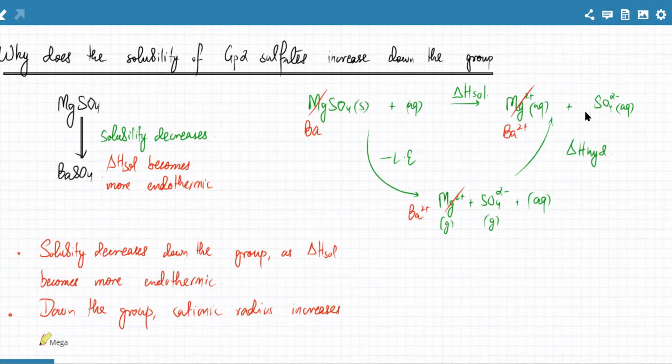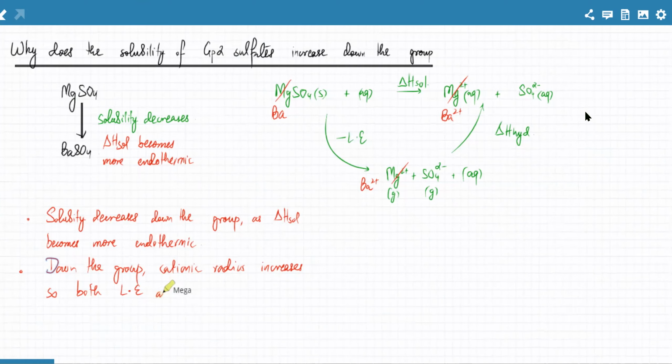So both lattice energy, because weaker bonds are being formed, so the lattice is going to be weaker. Barium sulfate is going to be a weaker lattice. Even the bonds that are formed with water are going to be weak as well, because bigger ions form weaker bonds. So both lattice energy and delta H hydration decrease. Is this clear?